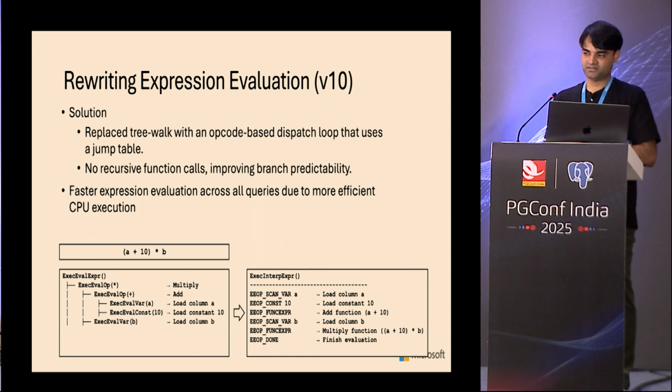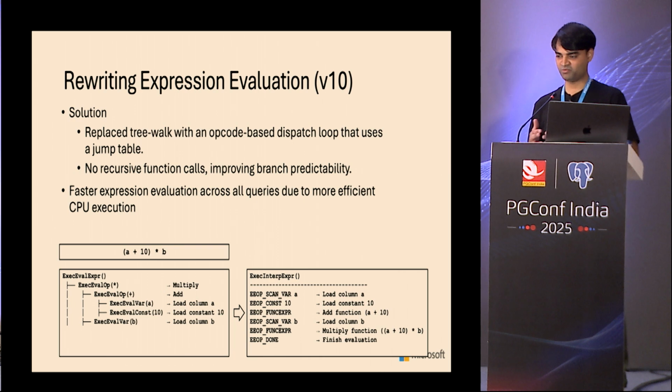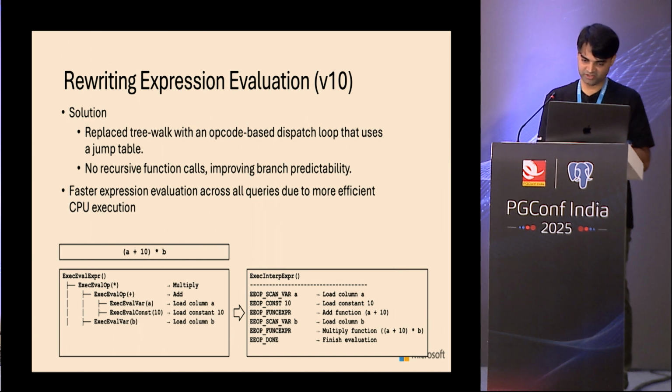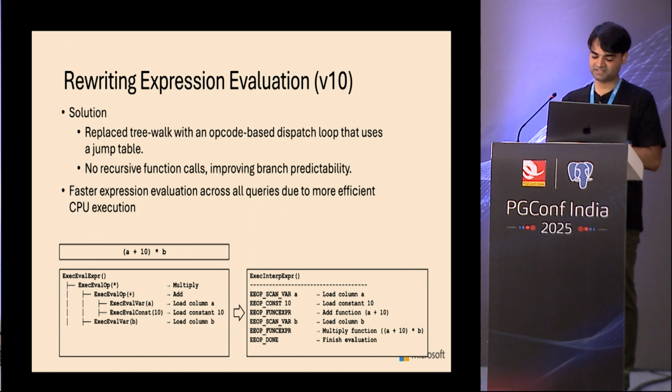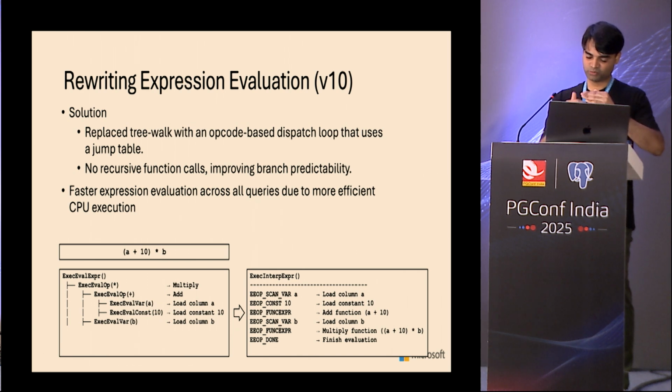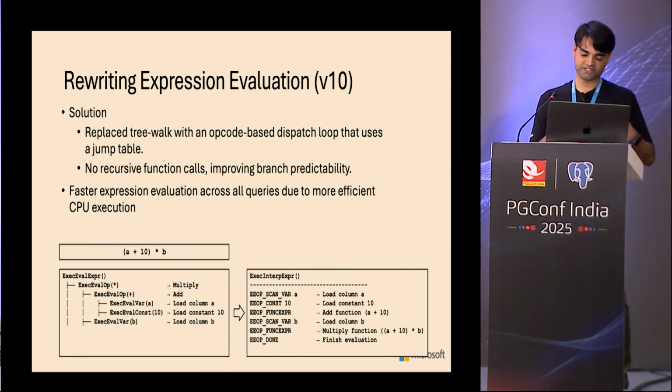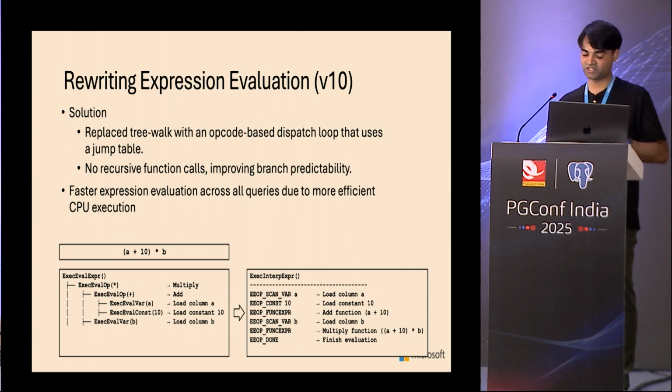And the new code has fewer function calls. Of course, there will be function calls because operators in Postgres are implemented as functions, and you have to call a function to, for example, do the plus operation or equality. But overall, the whole expression itself doesn't lead to recursive function calls, which makes the CPU's branch target prediction work better.